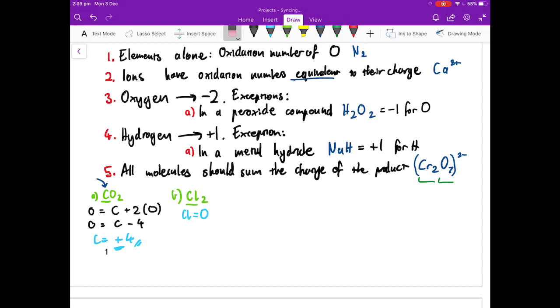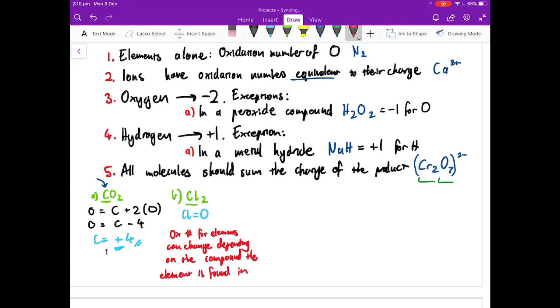Okay, so that is the value for chlorine. And one other thing I want to note: oxidation numbers for elements can change depending on the compound the element is found in.